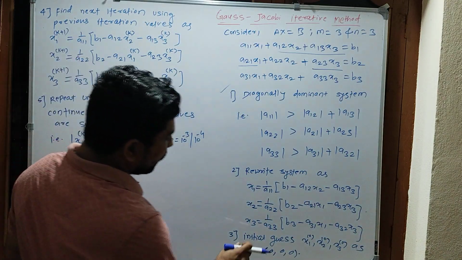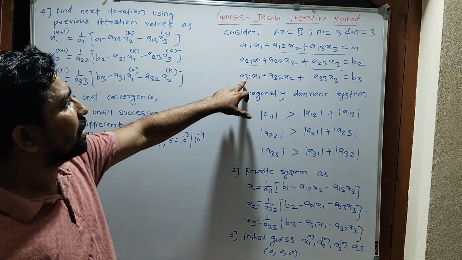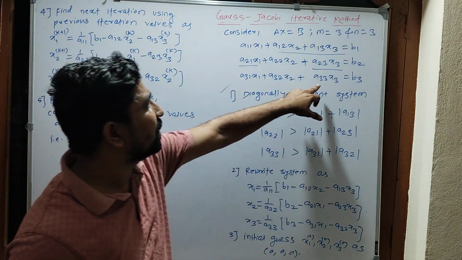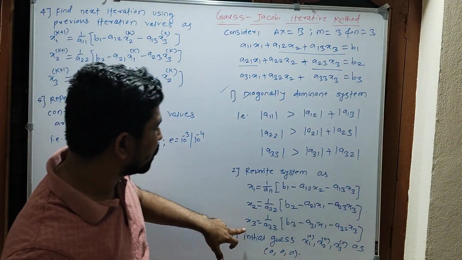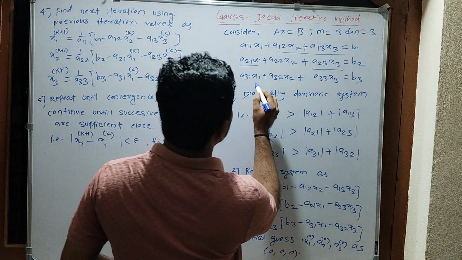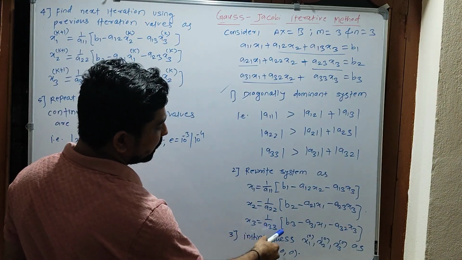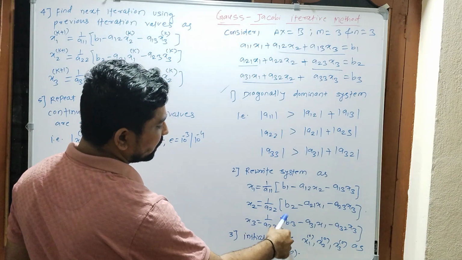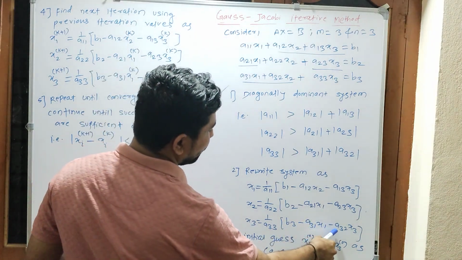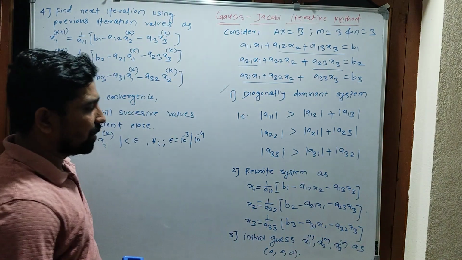Now you can write in terms of x3 corresponding to equation 3. Here a33 x3 is equal to b3 minus a31 x1 minus a32 x2, so x3 equal to 1 by a33 into b3 minus a31 x1 minus a32 x2.